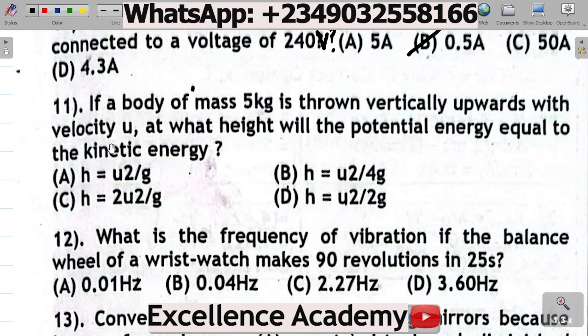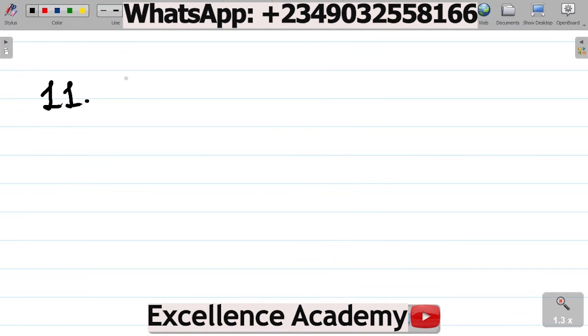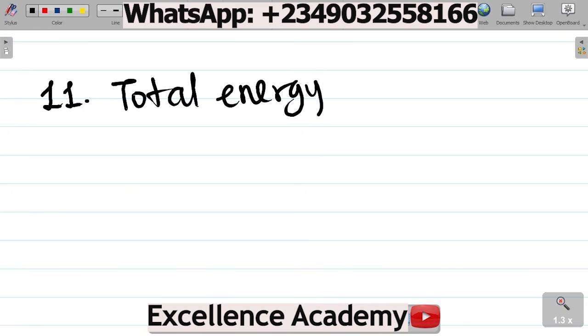So the total energy will be equal to half mu squared, because the body is being thrown upwards and will be moving. So for 11, note that total energy is equal to half mu squared.